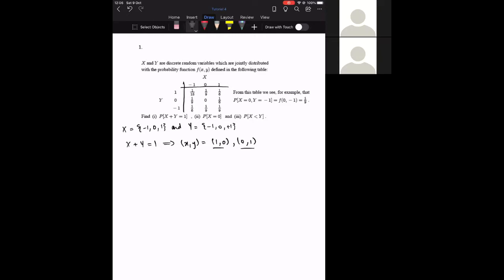We have the probability that x is equal to 1 and y is equal to 0, given as 1/6.